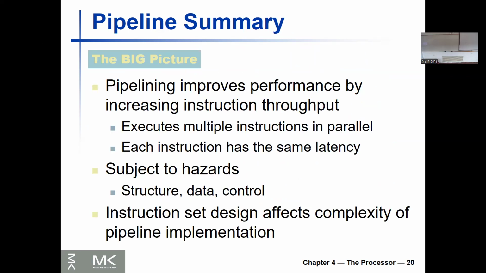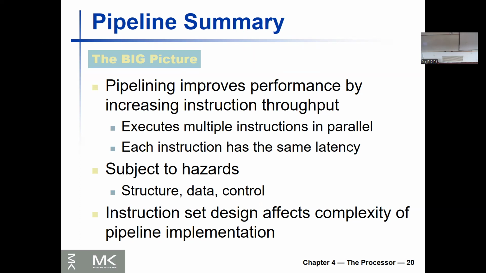The big picture. Summary: pipelining improves performance by increasing instruction throughput. It executes multiple instructions in parallel, but each instruction has the same latency. It is subject to hazards: structural, data, control. Instruction set design affects the complexity of pipeline implementation.